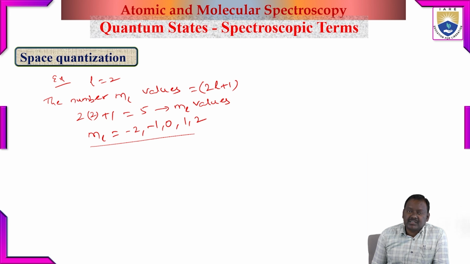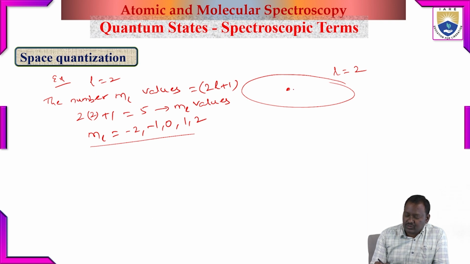That means the electron is orbiting around a particular elliptical orbit with an L value 2 that can have 5 different orientations. For example, this is the nucleus, and the orbit having L value 2 can have 5 different orientations with the same L value.